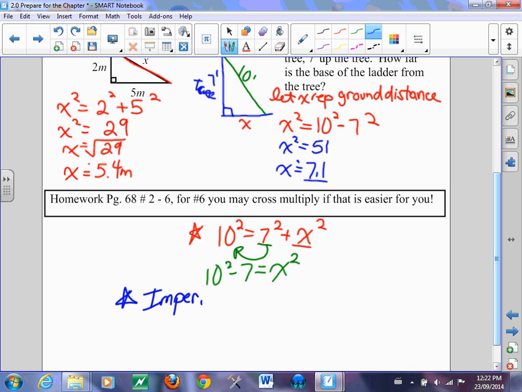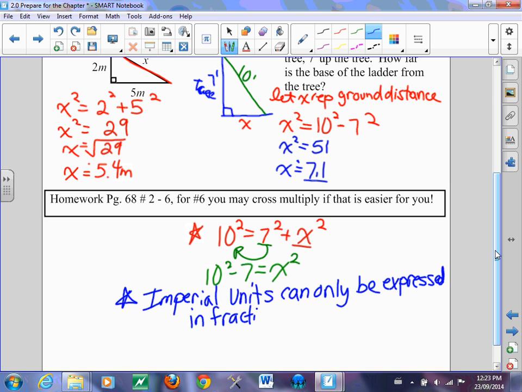Imperial units can only be expressed in fractions. Metric can only be displayed in decimals. So what we want to do, folks, is we want to take a look here and say, hey, a couple approaches you could say is we know we've got 7 feet, okay, and then 0.1 is 0.1.